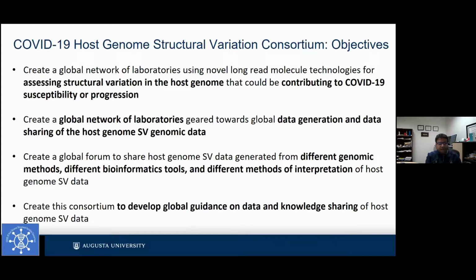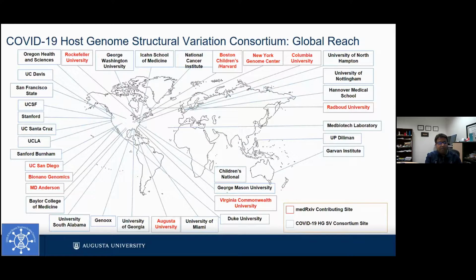Lastly, the idea behind this was to develop a global guidance on data and knowledge sharing, again, mostly focused on host genome structural variants. We started with one lab at a time, and at this moment we have 35-plus labs across the globe, which are actively contributing to our understanding of structural variants in the host genome for individuals who are affected by COVID-19.